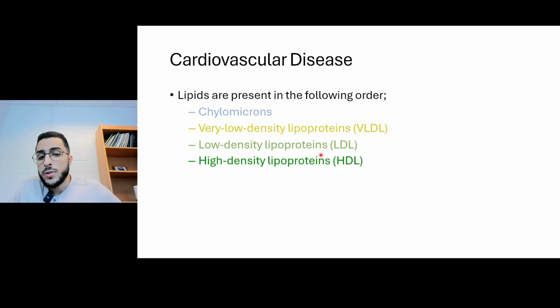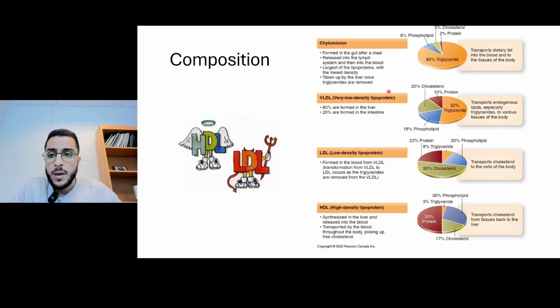Okay, so I told you that there are these shuttles that carry lipids in your body, called lipoproteins. The first one we talked about is kilomicrons, but there are 3 others that we are interested in: the very low density lipoproteins, the low density lipoproteins, and the high density lipoproteins. And they all serve a specific role.